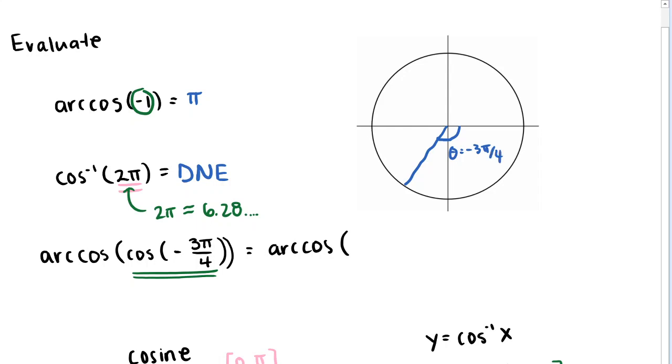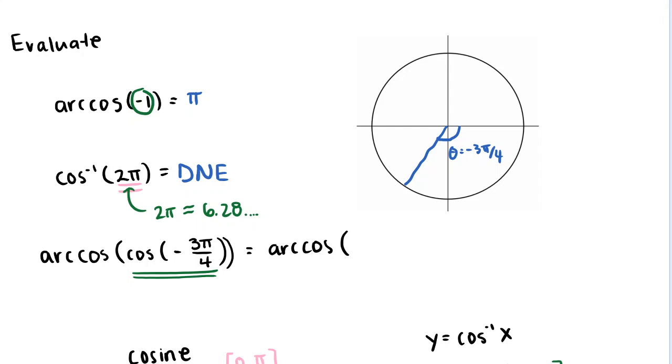Pi over 4 is 45 degrees. 2 pi over 4 is 90 degrees. 3 pi over 4 is an extra pi over 4 on top of 90 degrees, so that's 135 degrees. But here it's in the clockwise direction that we're looking, because we've got a negative angle.